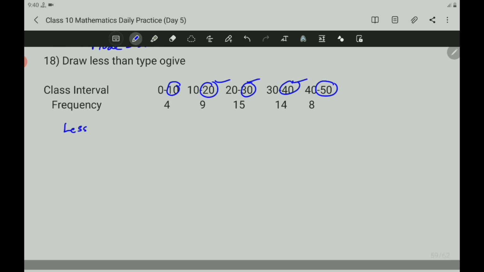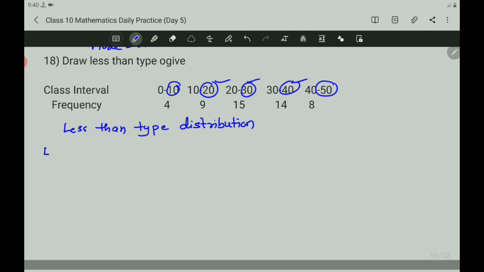Before drawing the ogive, you have to convert the distribution to the less than type distribution. Take the upper limit, less than each upper limit.